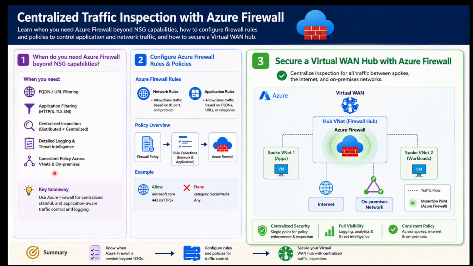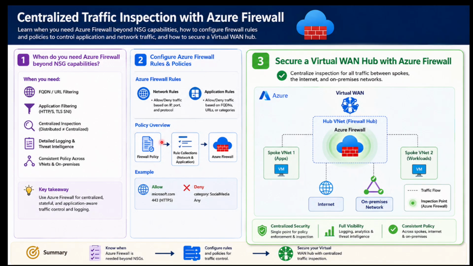So one big takeaway is that you use Azure Firewall for centralized, stateful, and application-aware traffic control and logging. That's one of the key points, right? And we'll configure Azure Firewall rules and policies. We're going to take a look at network rules, application rules, and when to use each of them.